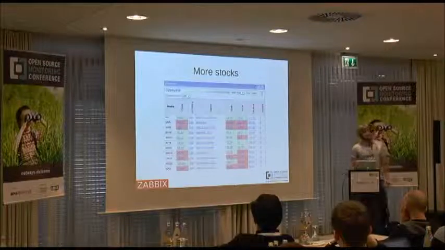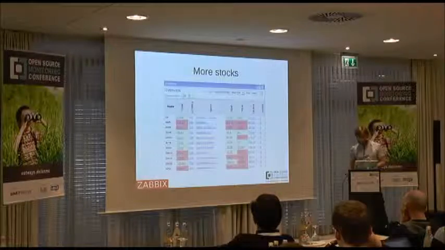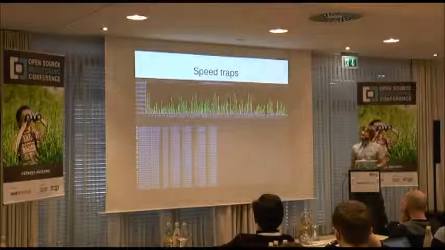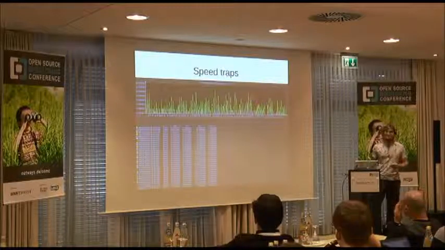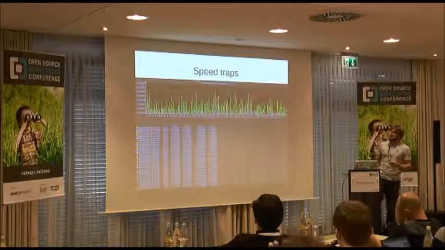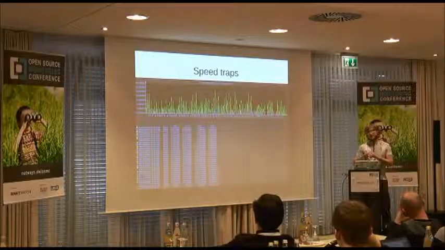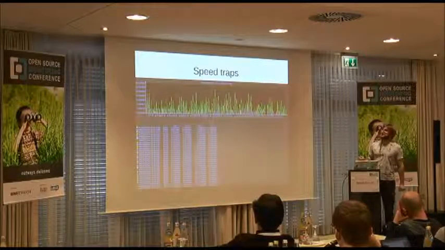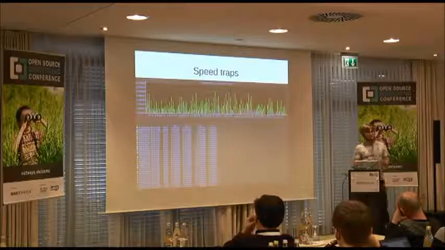Another pretty uncommon use of Zabbix, at least that's the only case where I've seen Zabbix used in this capacity, is monitoring how many speed traps are on highways. So this is obviously interesting from all kind of different perspectives. You can see how many speed traps are usually being deployed at any given time across all the highways.